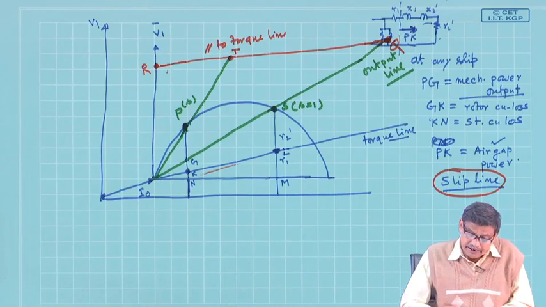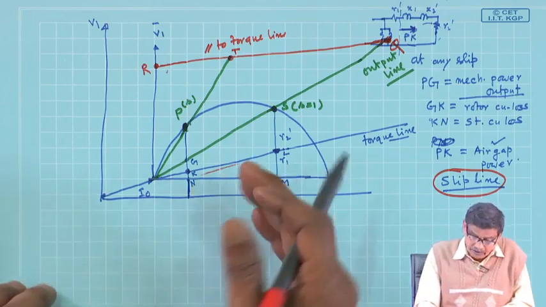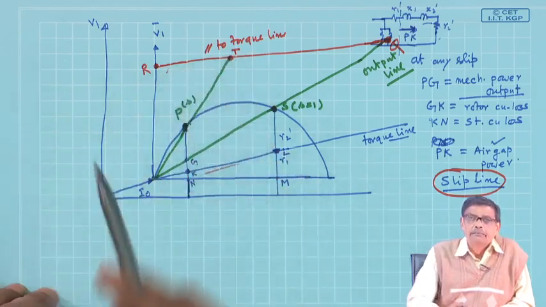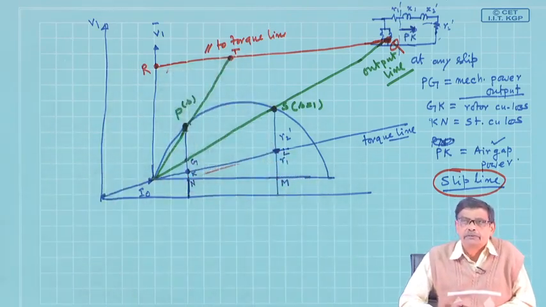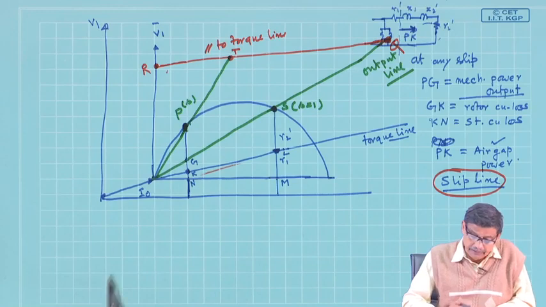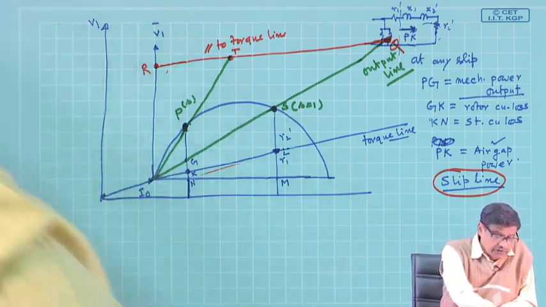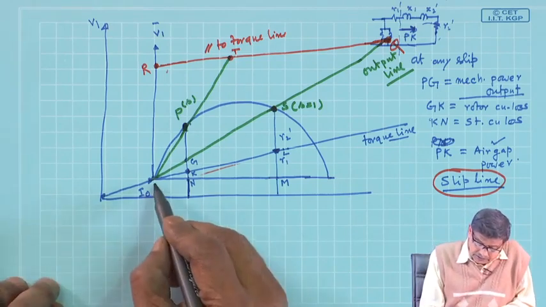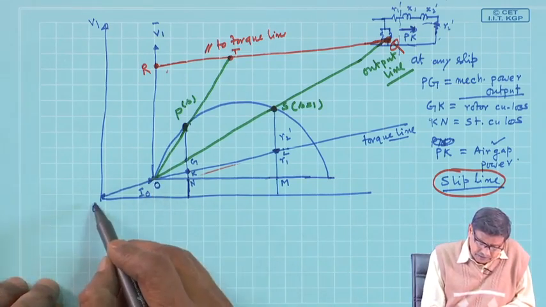And then it can be shown, or I will show that this length RT will be a measure of the slip at which the machine is operating. How this can be shown? Once again by considering some similar triangles, and call this O, this O dashed.